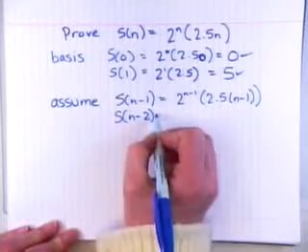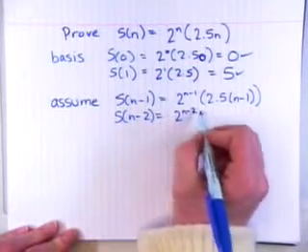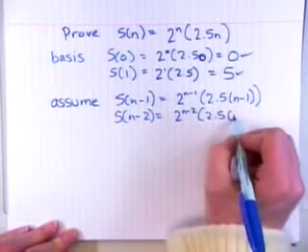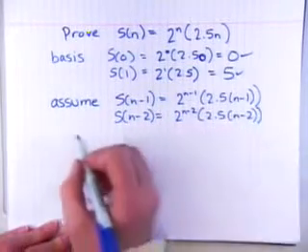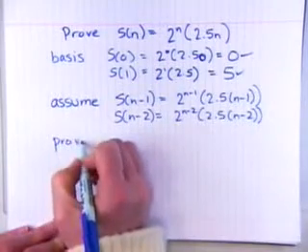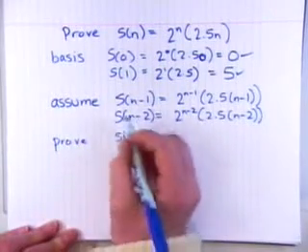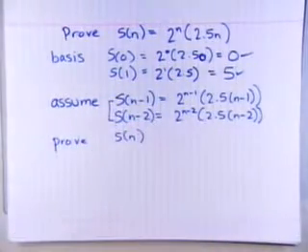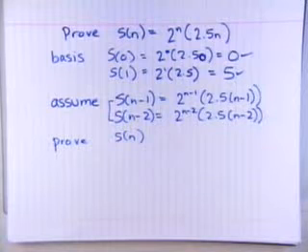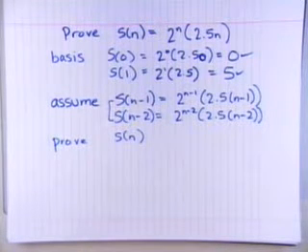S of n minus 2 is 2 to the n minus 2 times 2.5 times n minus 2. And I need to prove the closed form for S of n. These 2 things were on the right-hand side of my recursion, and S of n was on the left-hand side.